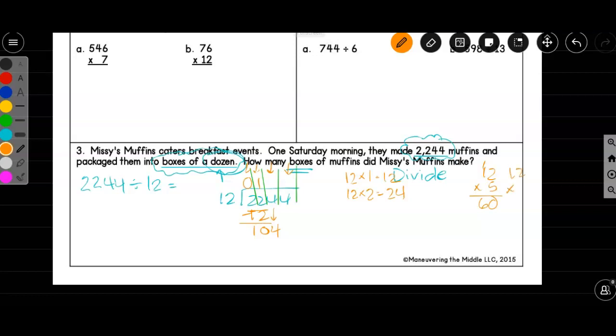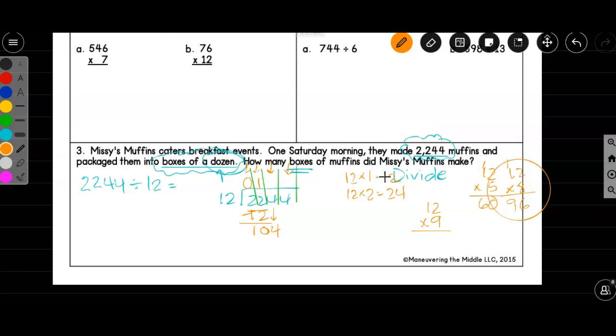Let's do 12 times 8. See what happens. Okay, 2 times 8 is 16. And 8 times 1 is 8, plus 1 is 9. 96. Well, that's awfully close, but can we double check and make sure that 12 times 9 isn't going to work? I think we should. I think this is going to be our winner, but let's double check.